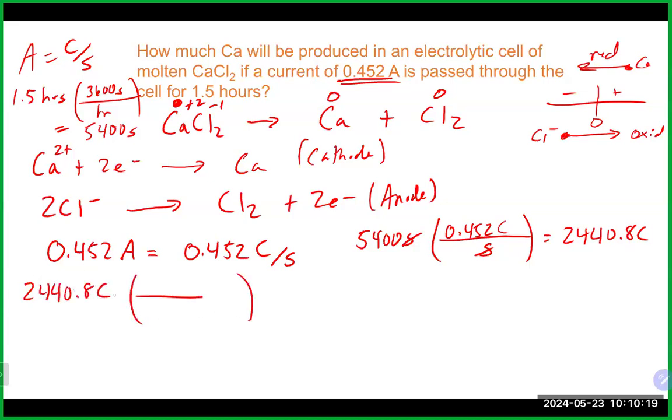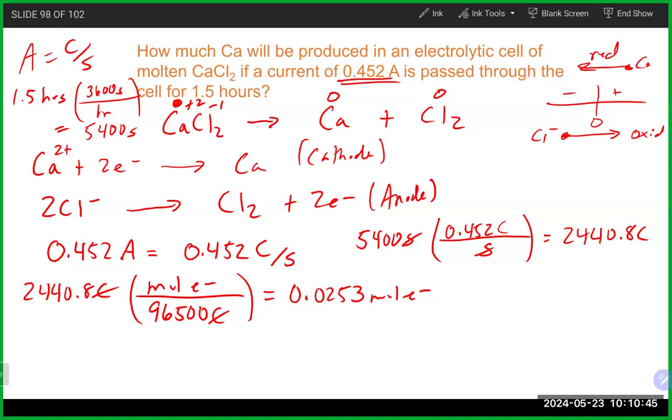The coulombs cancel, and that gets me 0.0253 moles of electrons. Any questions so far in the calculation?